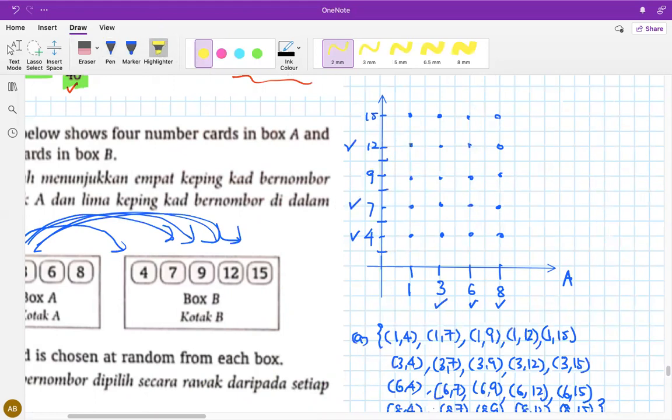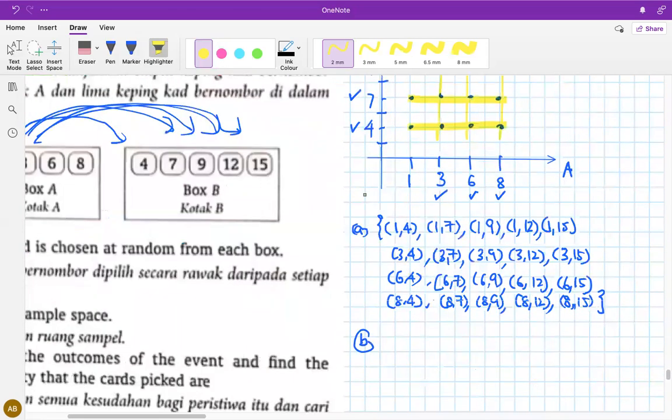If I highlight it like this, everything here is included except 1, 9 and 1, 15, because 1, 9 and 1, 15 are not even or prime numbers.